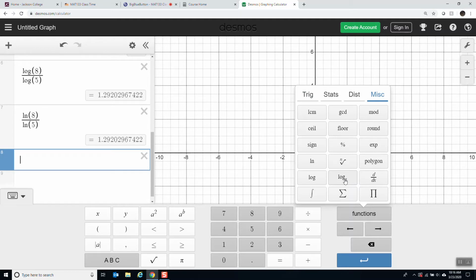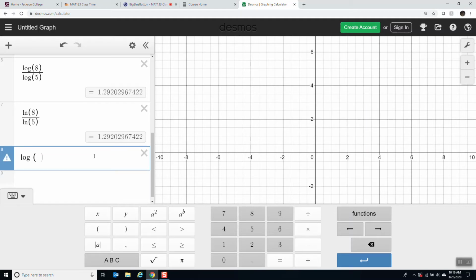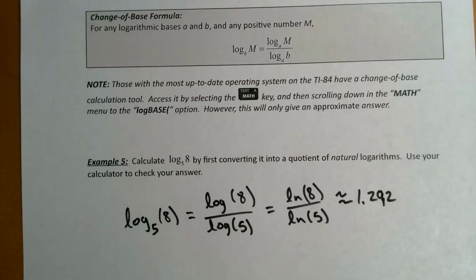Here it is, this log A button. We can now put in the log. Remember, it was log base 5 of 8. All of them give us the exact same answer. These are all acceptable ways to approximate a logarithm. So 1.292.